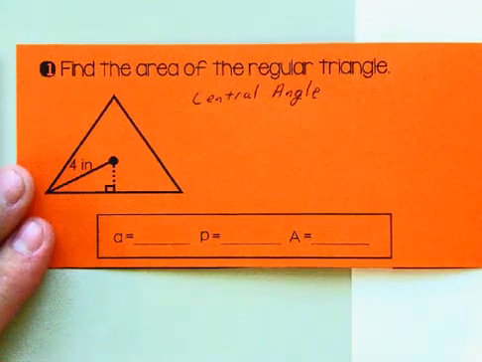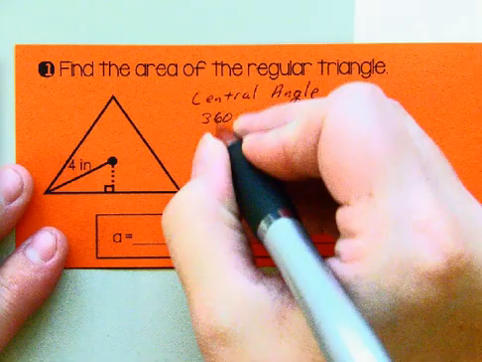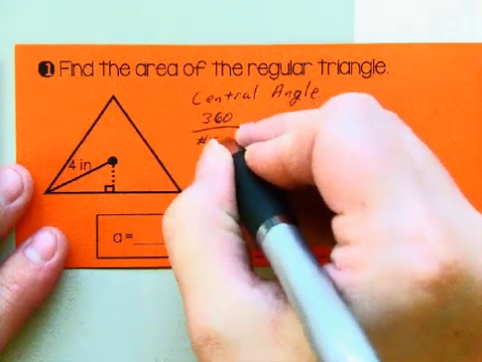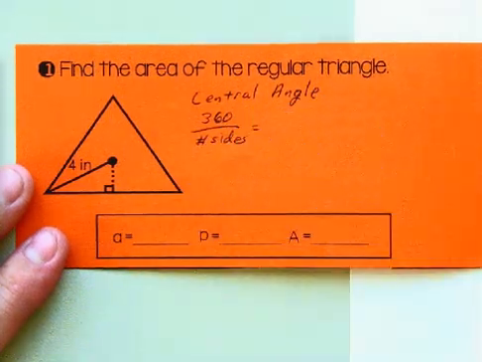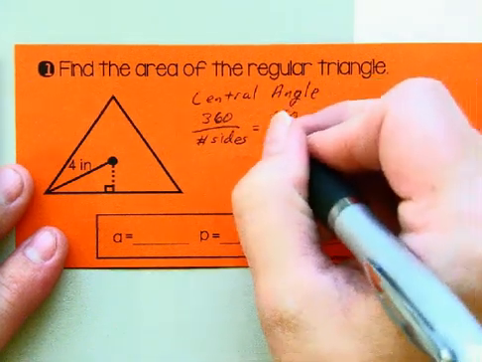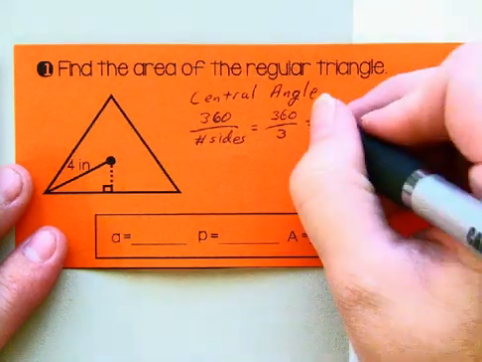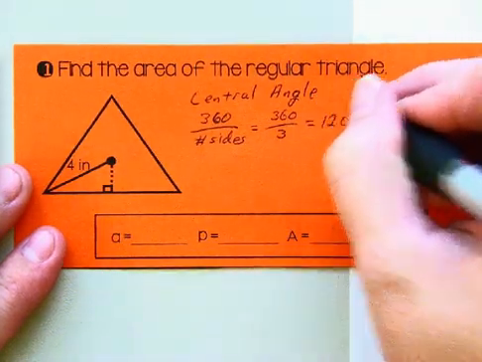In order to find the central angle, we're going to take 360 divided by the number of sides. In this case, it's going to be 360 divided by 3. So our central angle ends up being 120 degrees.